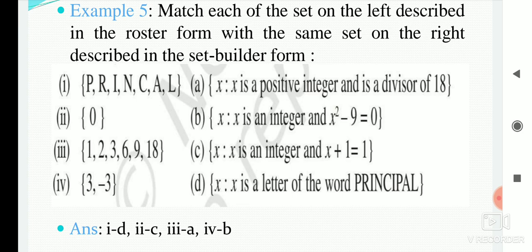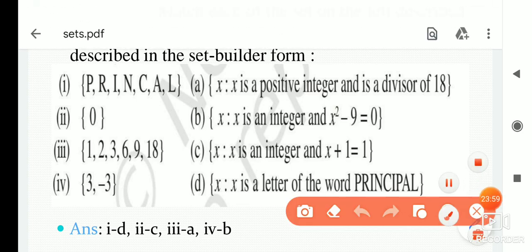So in the first example here you can see letters are represented in, you can say, tabular form, P R I N C I P A L. So this seems to be the spelling of the word principal. So try to match this example with the right hand side sets.